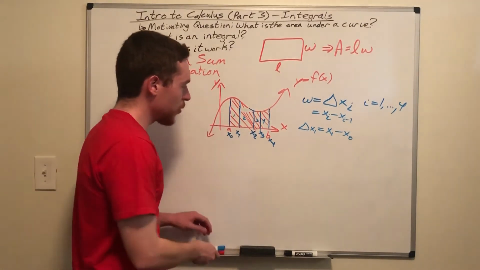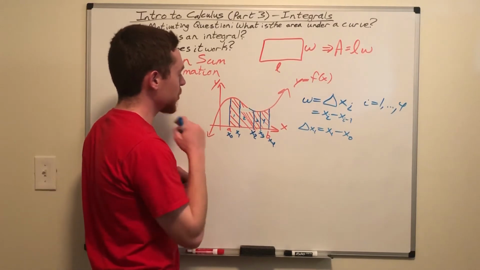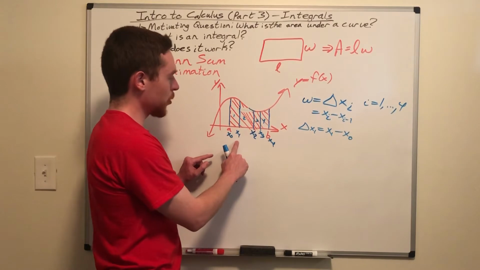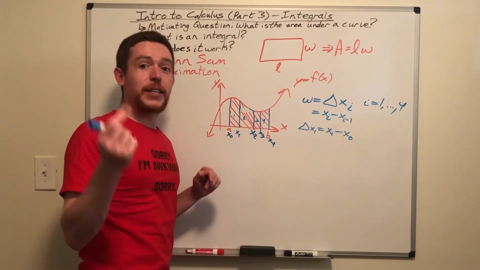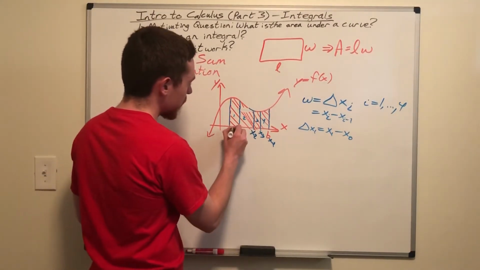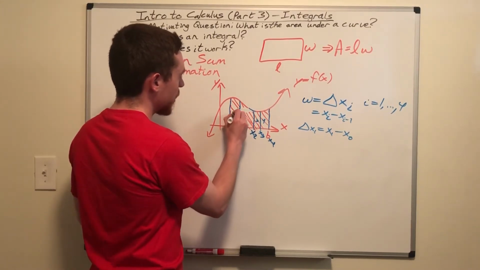Cool. So how do we find the heights of our rectangles? To find the heights, we just pick some value between x0 and x1, and we're going to call that value t1, our first test point. I'll use black just to make it stand out a little bit. Let's say our first test point is right here. That'll tell us the height of our rectangle.